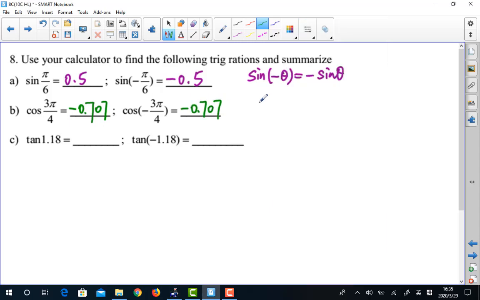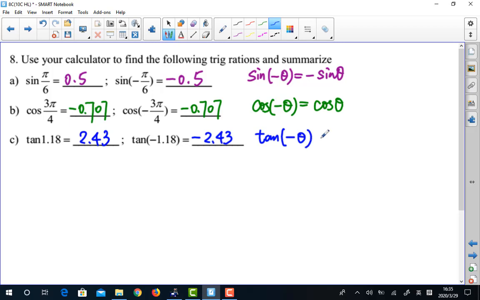Therefore, I can derive cosine negative theta equals cosine theta. Use the calculator to discover the relationship between these two. Tangent 1.18 is 2.43. Tangent negative 1.18 is negative 2.43. Therefore, tangent negative theta is negative tangent theta, just like the sine.